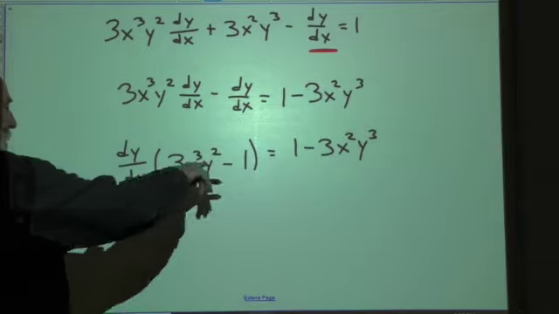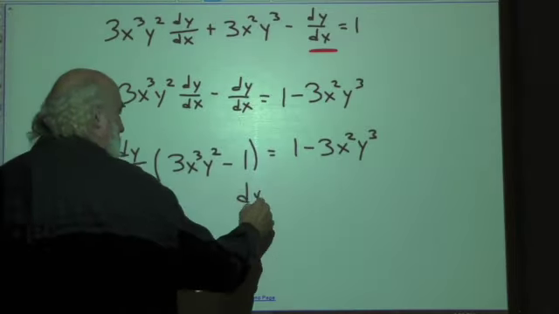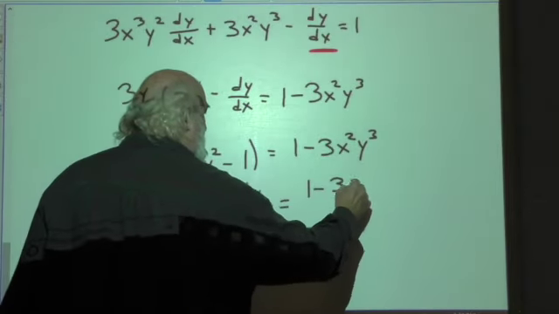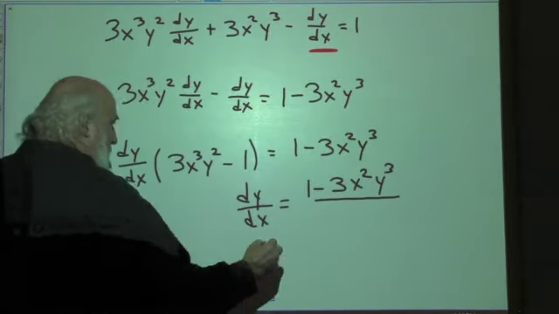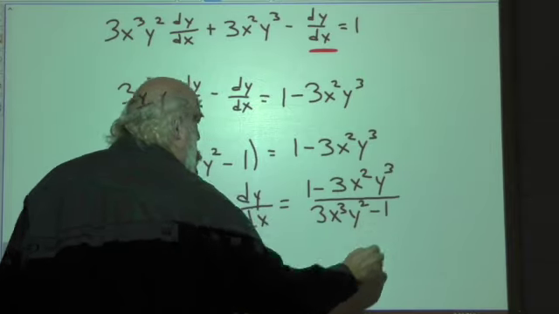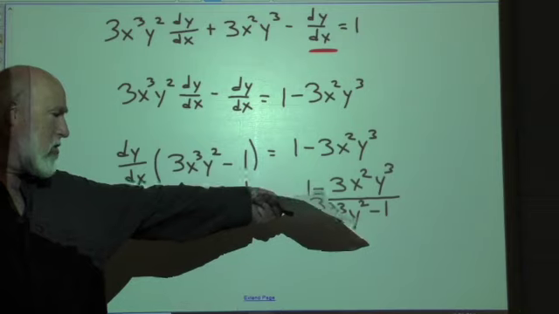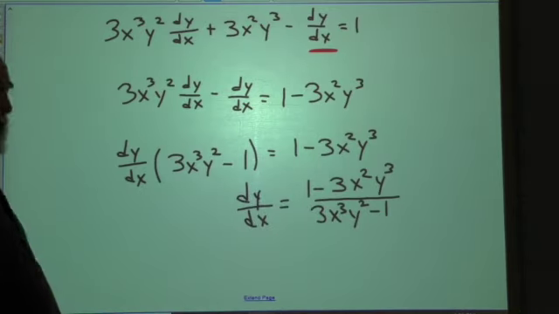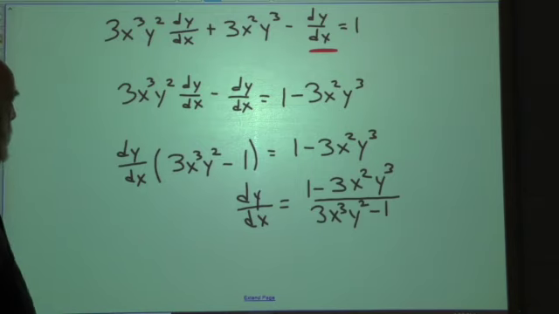Divide both sides by the number multiplying dy dx. dy dx then becomes 1 minus 3x squared y cubed over this monster here, 3x cubed y squared minus 1. Nothing can cancel out because these are not multiplying. So that is pretty much what we call prime. No factors in common. All right?